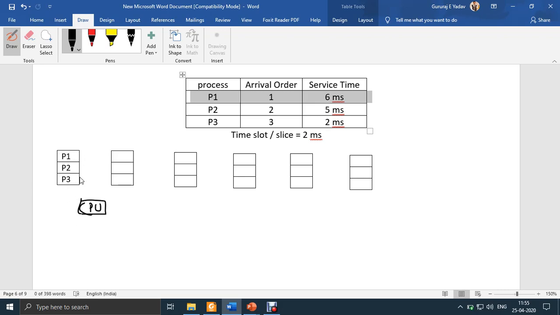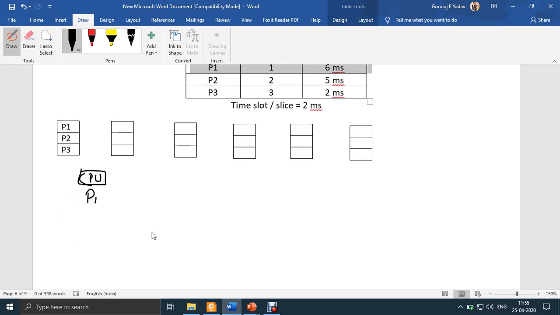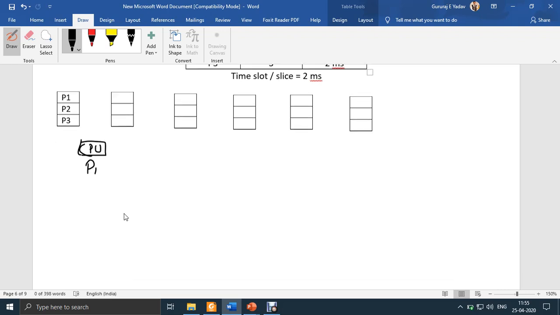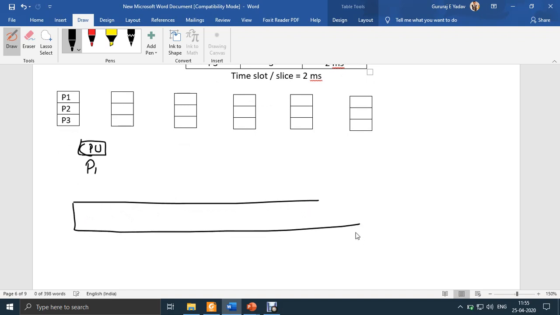In this case, P1 is at the top, so P1 will get its chance to execute. Here I'll write the execution order, the execution sequence you can say.